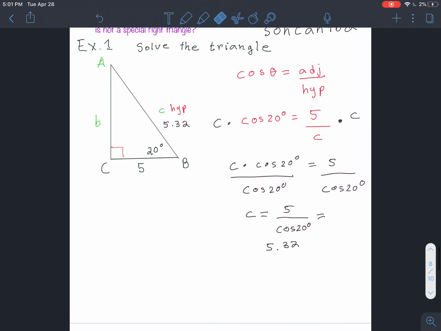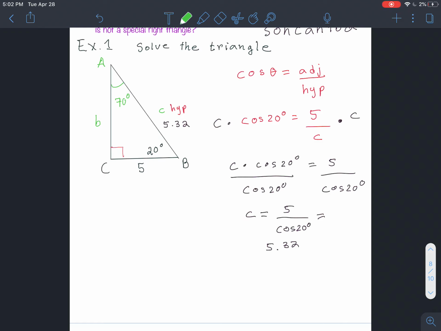So first of all, we're going to solve for A. And I hope that we see that A is 70 degrees because we know that the 3 angles in a triangle add up to 180. You already have one 90-degree angle, so 20 plus 70 will also give you 90. So we can continue to use 20 degrees if we want, but just to show you the flexibility that we have in this process, I'm going to choose to look at 70.